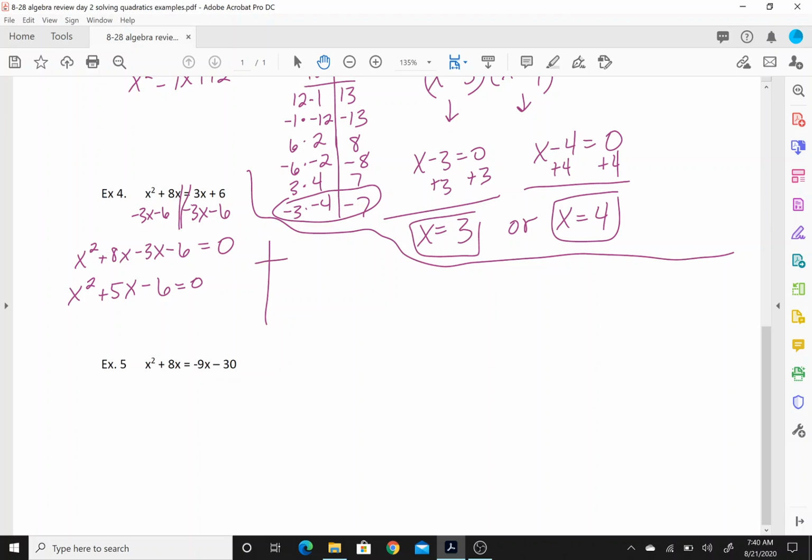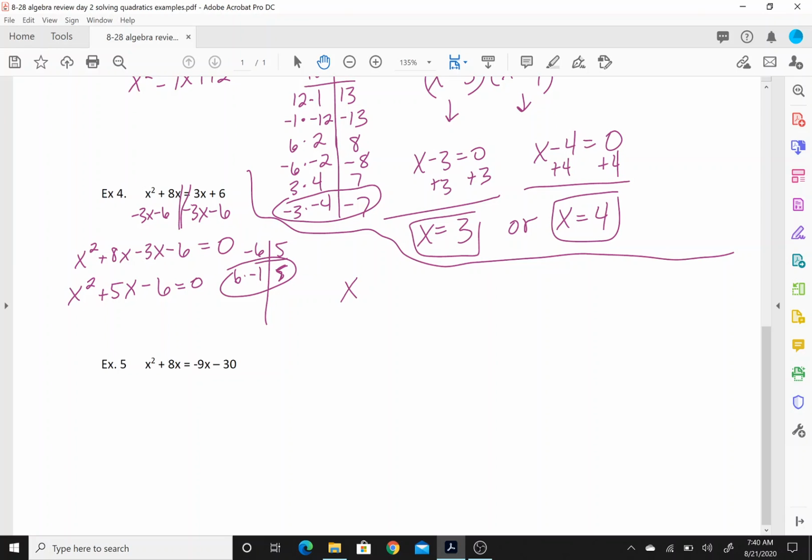Our two numbers have to multiply to be -6, and then when we add them, we want to get positive 5. So think about that. What if we tried a 6 times -1? Is 6 times -1 -6? Yes. If I do 6 plus -1, do I get 5? Yes. So there's my factor right there.